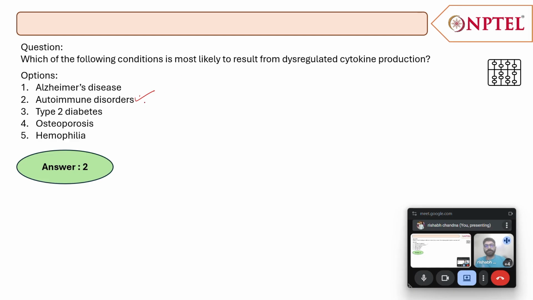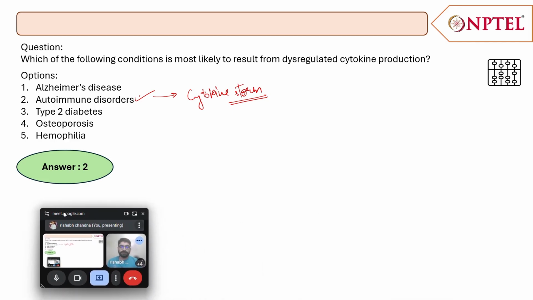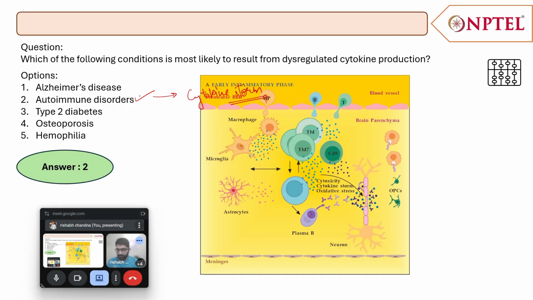In that case, what happens? There is a cytokine storm that takes place. For example, this is the case with multiple sclerosis. What actually happens here in the brain? Multiple cells enter.